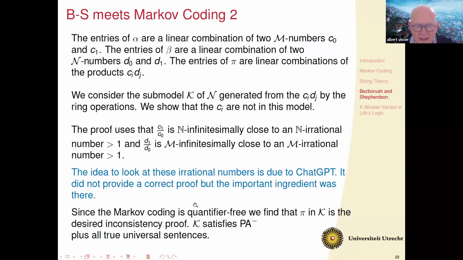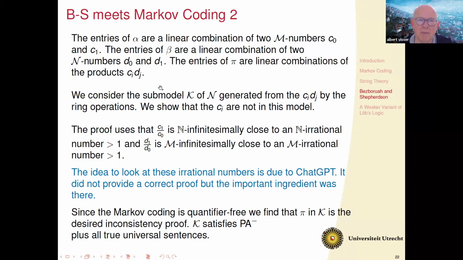So both Bezboruah and Shepherdson and also my adapted proof show that PA minus, or even the strengthening of PA minus, doesn't prove its own consistency under certain assumptions on how the coding works.